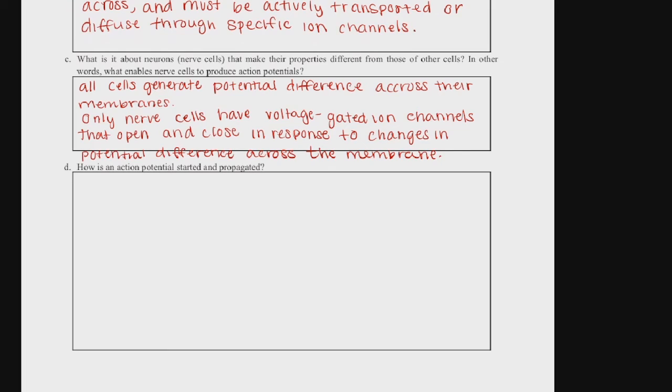So this happens down the axon, but this is just one little part of it. Depolarization in the neuron membrane opens some of the sodium gates, and those ions diffuse into the axon.